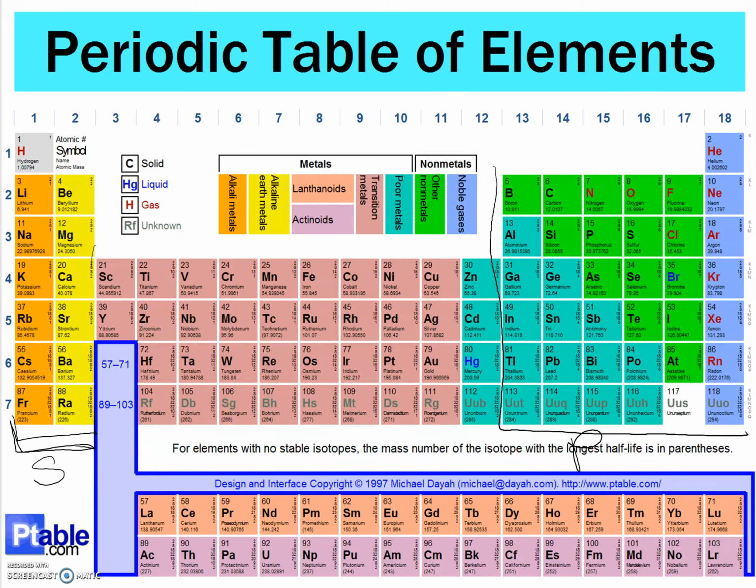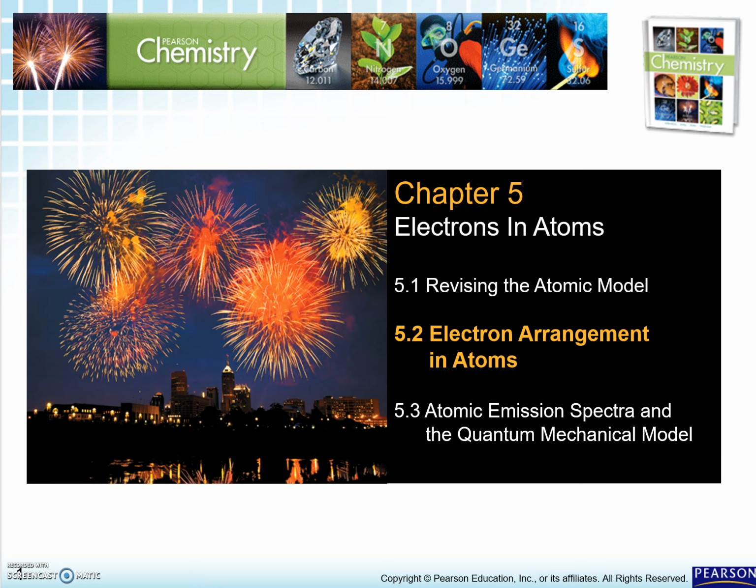You have the D block, which is right in between the two. And of course, the F block is the funny area down here that is always at the bottom. That's your F block. And we can use that periodic table to figure out most likely where our electrons are living.